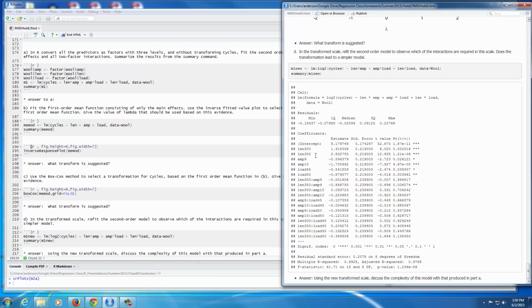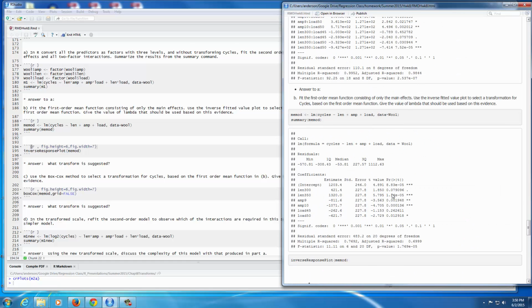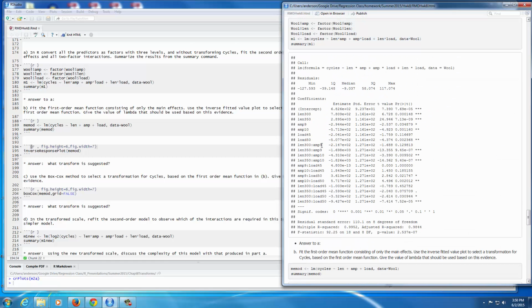And what I'm looking for here is for you to look at what effects are significant, what ones are not significant, and in particular pay attention to how much difference there is in the complexity of this model, M1 new, compared to the model we had previously in part A of this problem with all the two-way interactions.